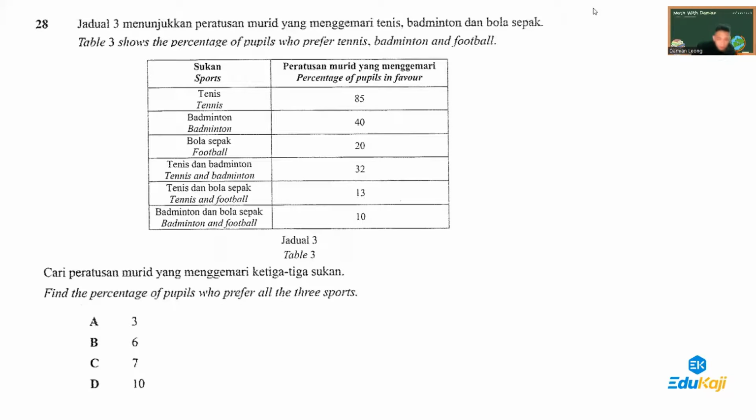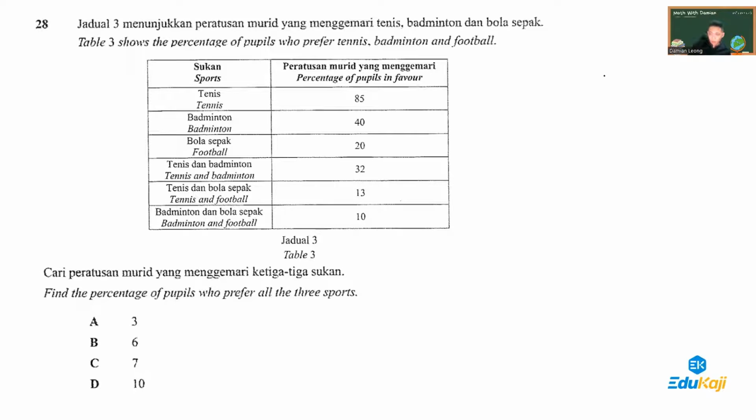So question 8, I want the percentage of pupils who prefer all 3 sports. And I'm given the percentage of people who prefer each of these conditions in the table here. So first thing, best is to sketch it out.